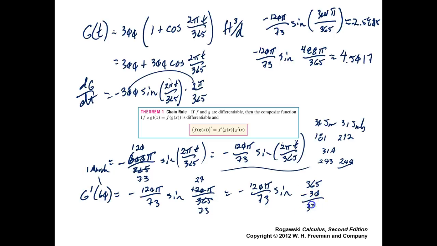That would be 335. That's a lot easier than adding a month at a time. So we'll do negative 120 pi over 73 times the sine of 335 times 2 would be 670 pi over 365.